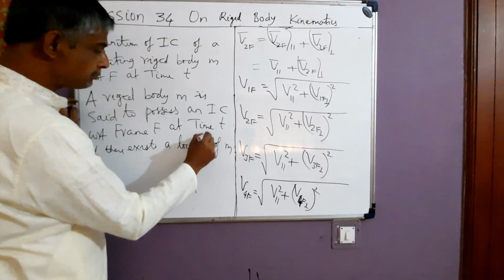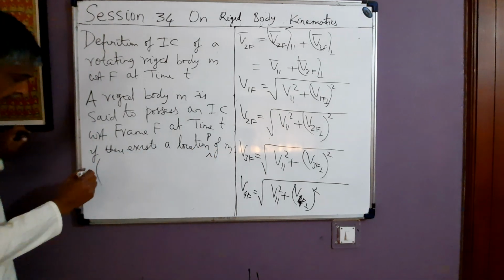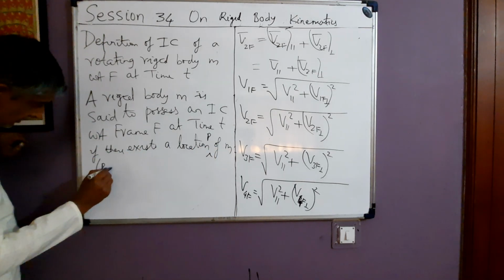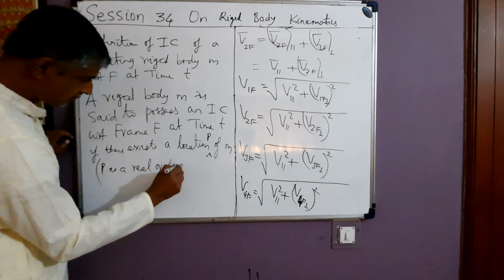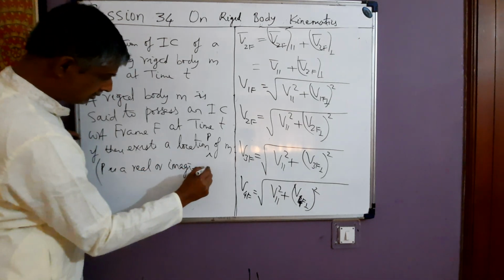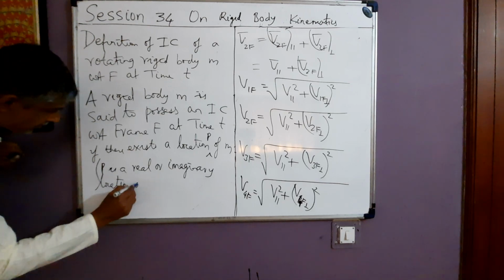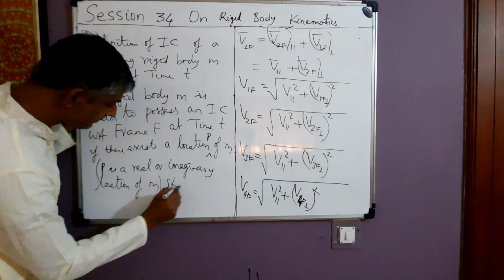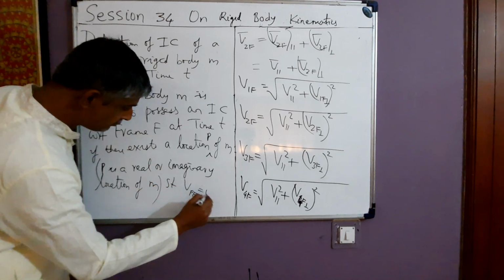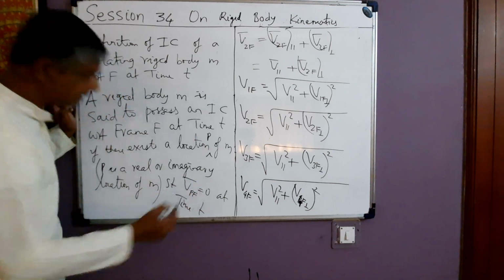Let us call this location P. If there exists a location P of M where P is a real or imaginary location of M, such that VPF is 0 at time t.